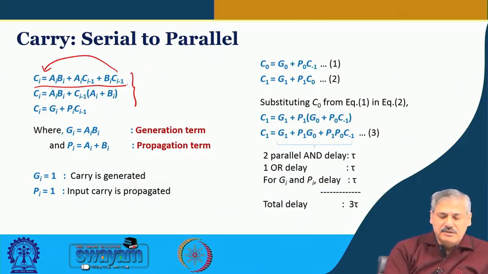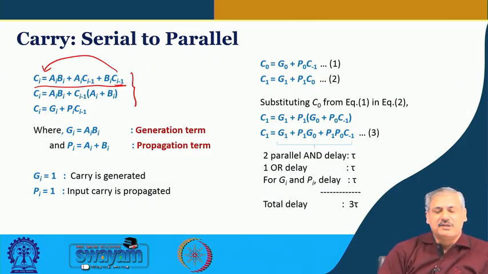C i generation is waiting for C i minus 1, C i minus 1 waits for C i minus 2, C i minus 2 waits for C i minus 3. It is happening in cascade, serially one after another, because of which the delay gets accumulated. So, the method that we shall try is to make this process parallel instead of serial. Let us see how we can do it.